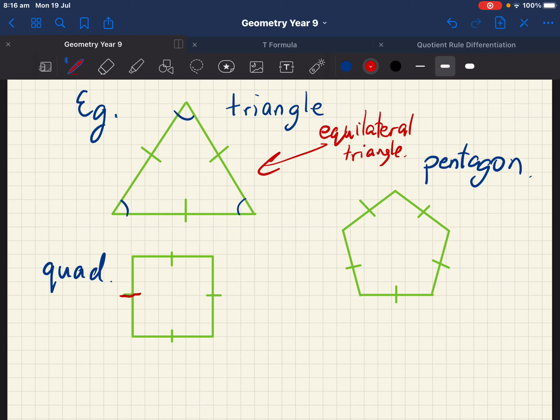That means any other side that also has a single dash will also be the same length as it. So in this case, you can clearly see all four sides are the same length, making this a regular quadrilateral.